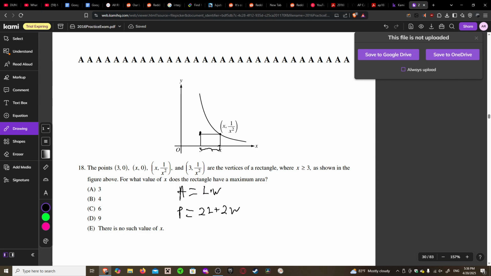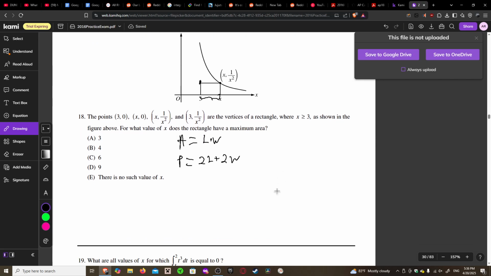It can't be. Oh wait, no, I can find one with the length right now by just plugging this thing in.